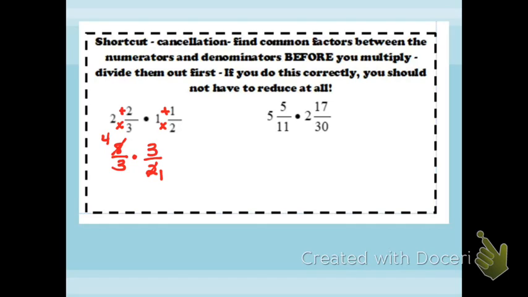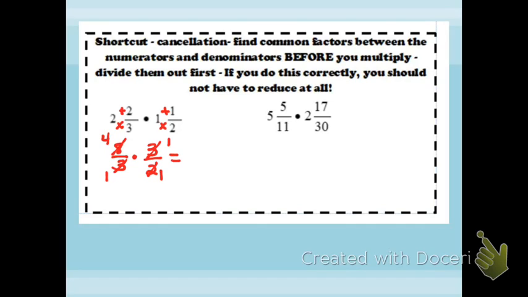Okay, are there any more common factors? Yeah, 3 and 3, right? They both have a factor of 3. So 3 divided by 3 is 1. 3 divided by 3 is 1. That's called cancellation. So all we did was we went ahead and we divided out the common factors. What that means is that what's left is what we're going to multiply.